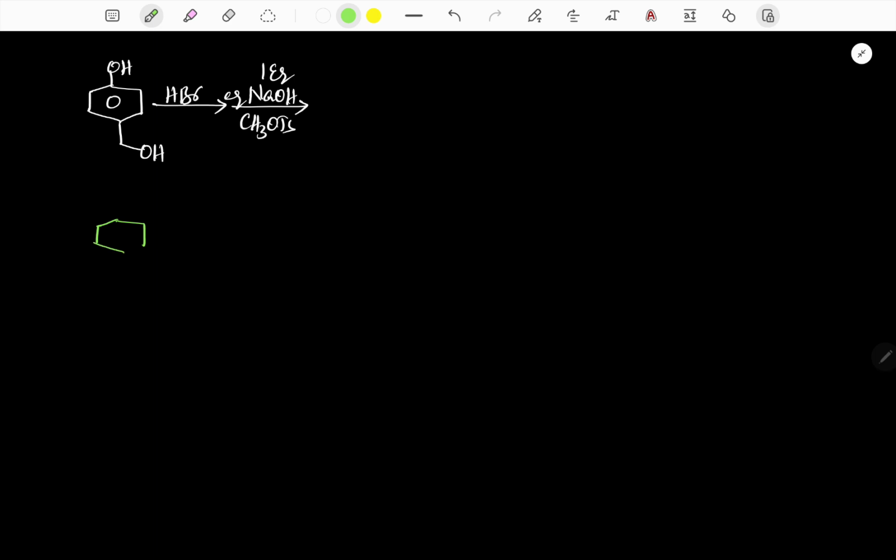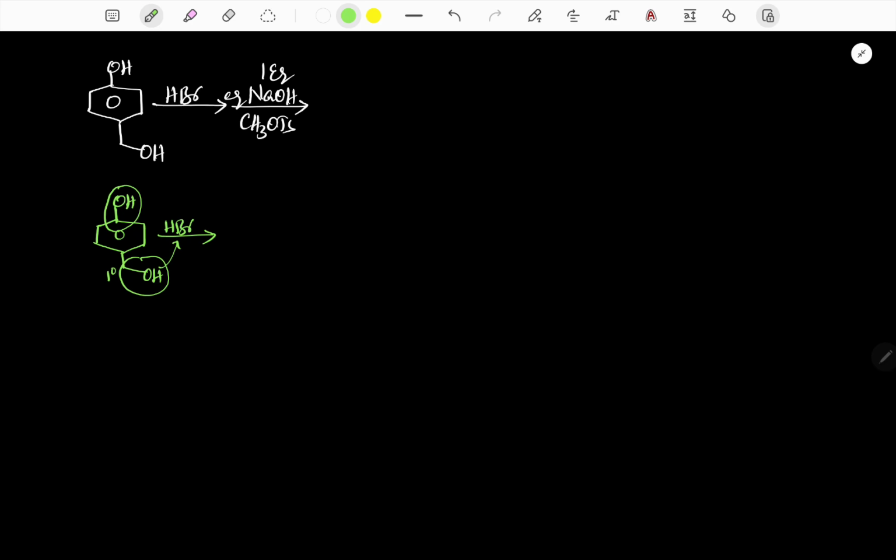The reactant has two functional groups: one is a phenol functional group, one is an alcohol functional group. When it is treated with HBr, we know that benzene containing a leaving group does not react with HBr, but this one reacts.